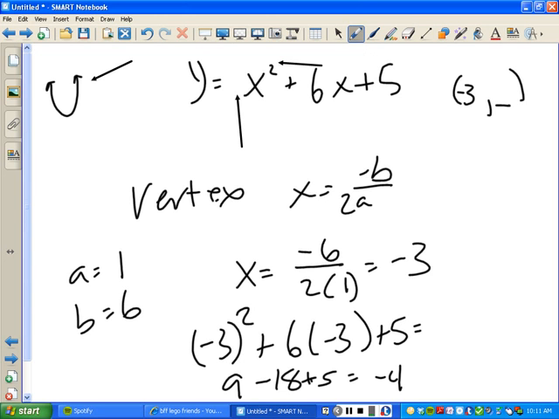So the y-coordinate is negative 4. Negative 3 squared is 9. 9 minus 18 is negative 9. Negative 9 plus 5 is negative 4.